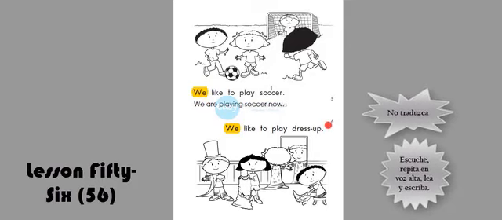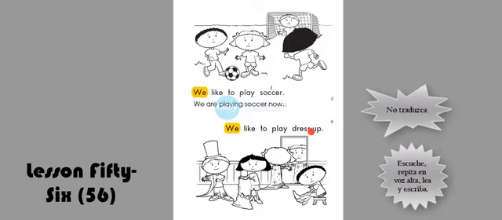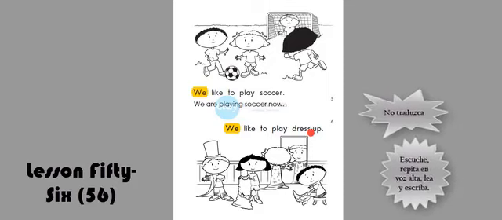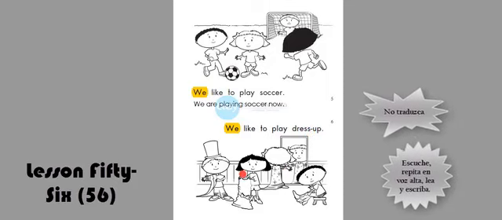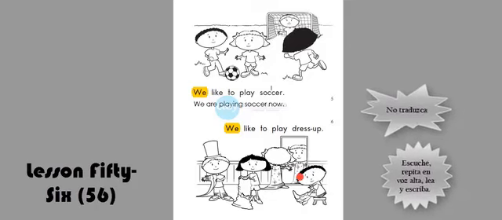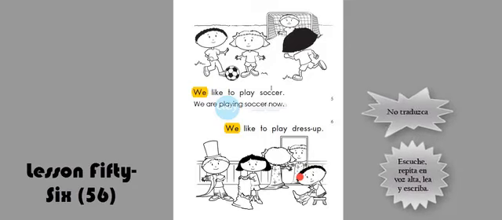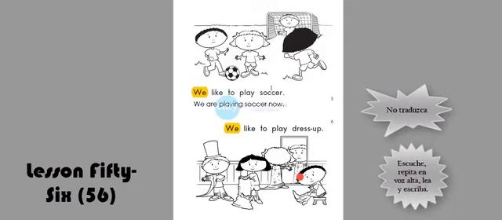Next page, page number 6. We like to play dress up. This picture illustrates dress up. So game number 4. Number 1, tag. Number 2, baseball. Number 3, soccer. And number 4, dress up.